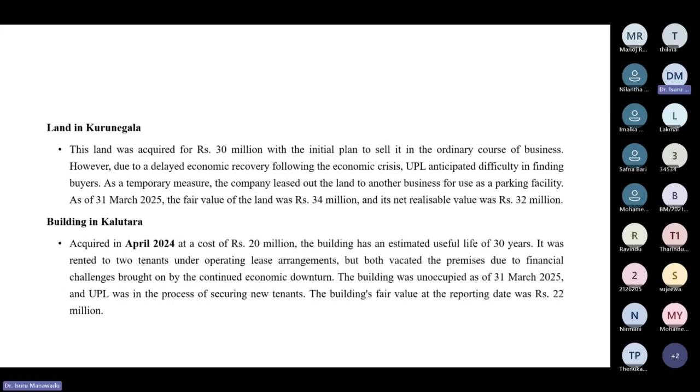As a temporary measure, the company leased out the land to another business for use as a parking facility. As at 31st March 2025, the fair value of the land was 34 million and the net realizable value was 32 million.